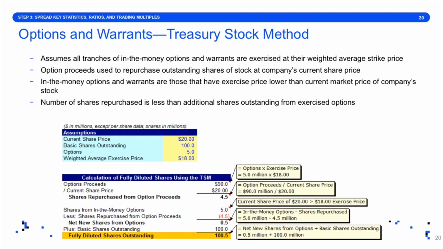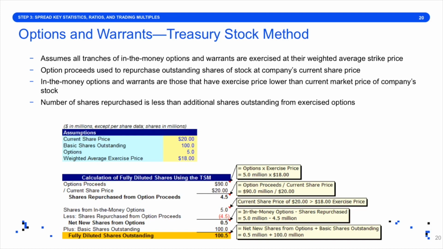Now, if you remember, an option will not be converted all of the time. When is an option exercised? So when does an option actually become a share? Do you remember? When it's convenient, that technically is in the money. If you look at this example, the current share price is $20. The exercise price of the options is 18.